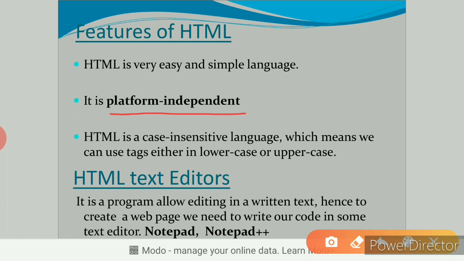HTML is a case insensitive language, which means we can use tags either in lowercase or uppercase. Suppose you are writing the code HTML, you can write it in uppercase or also in lowercase.